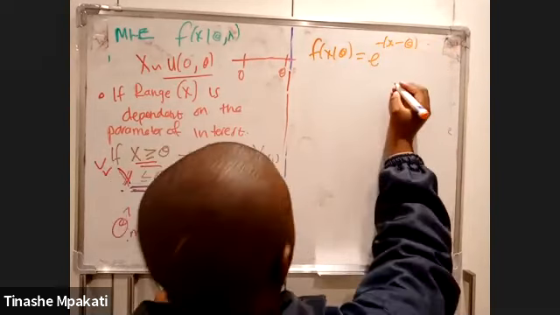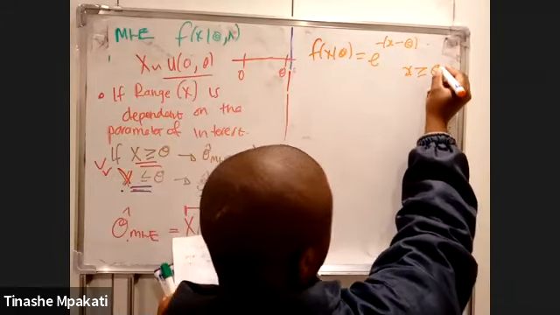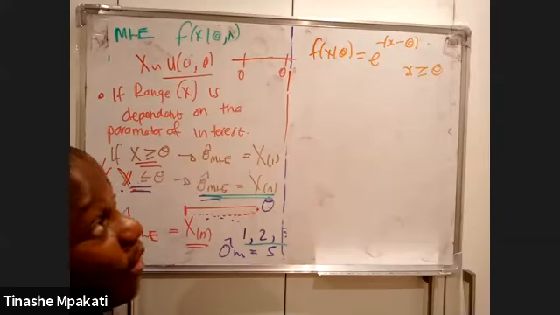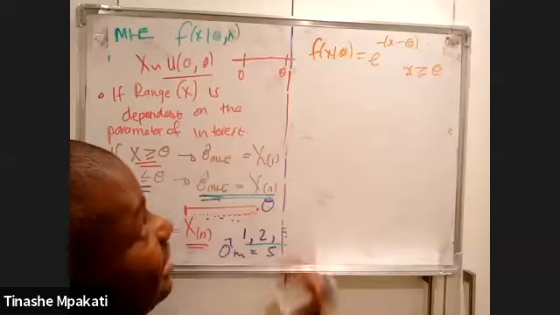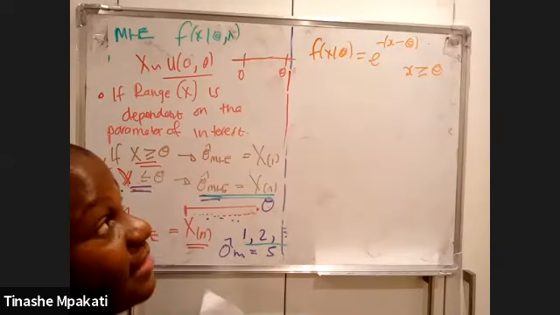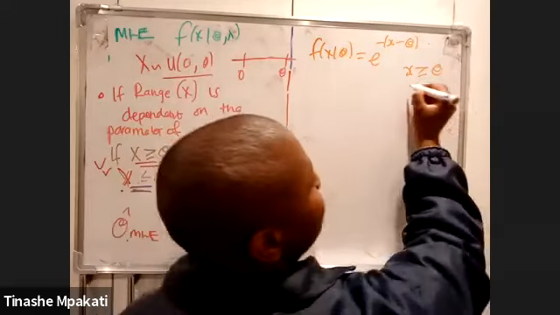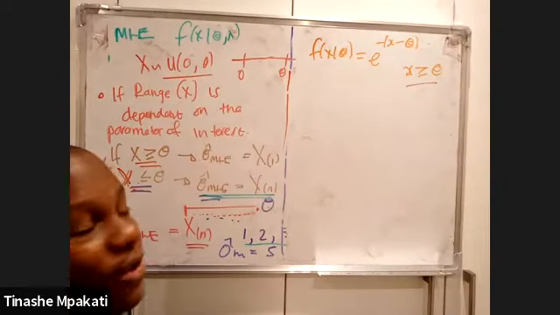Then you are told that x is greater than or equal to theta. Again, make sure you quickly look at your PDF properly before you go further. As you can see here, we are given our PDF as normal, as we've been doing, and now we're just paying more attention to the fact that they are telling us that our x's are greater than all our thetas.